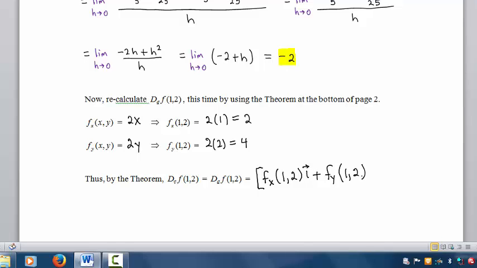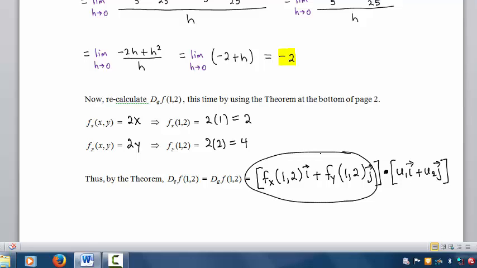What I am writing now is the gradient vector of f at the point 1, 2, and we will take the dot product with u. This is the theorem at the bottom of page 2. And again, as I mentioned before, we will soon give this circled entity the name gradient vector.